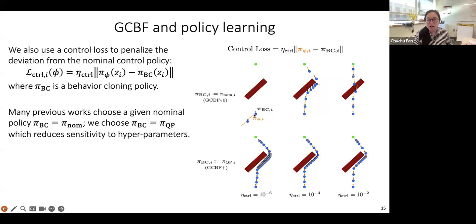Now, if we penalize too much on deviation from the nominal policy, you will see that the agent will try to follow the nominal policy and encounter unsafe behavior.